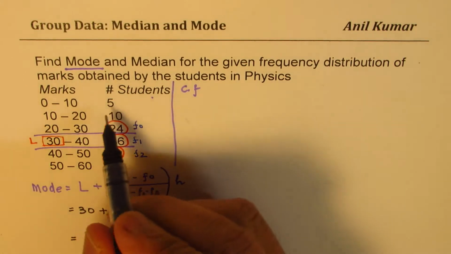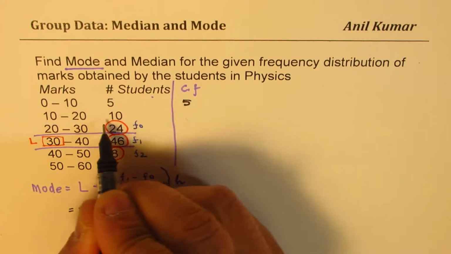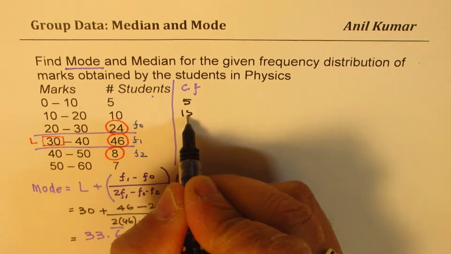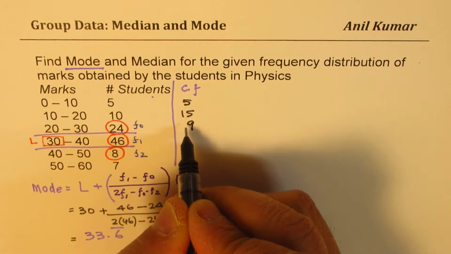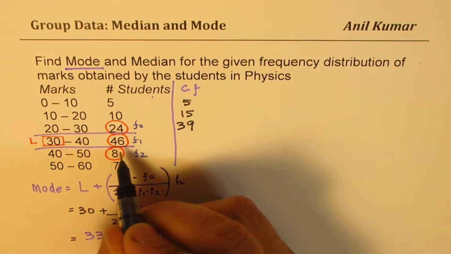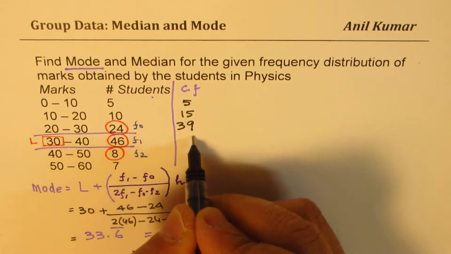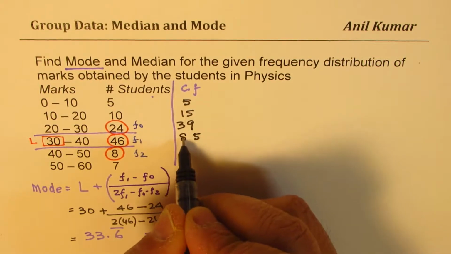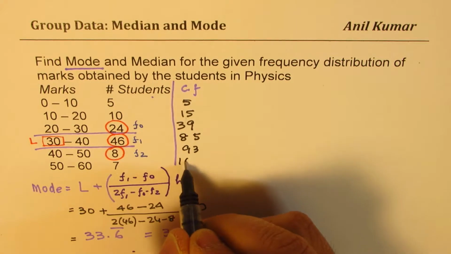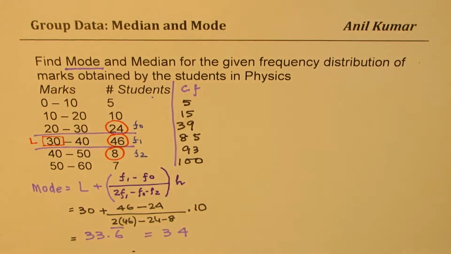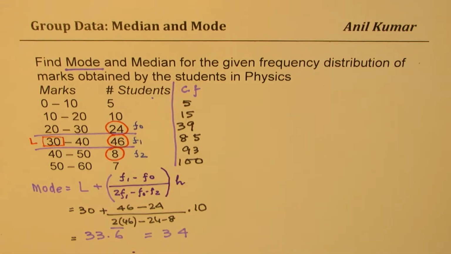From 0 to 10, it is 5, and then 10 plus 5 is 15, and then we'll add 24 to it. So 4 and 5 is 9, and 2, 39. 46 will be added, 6 and 9 is 15, 85, add 8, get 93, add 7, we get 100. So that becomes the cumulative frequency for us.